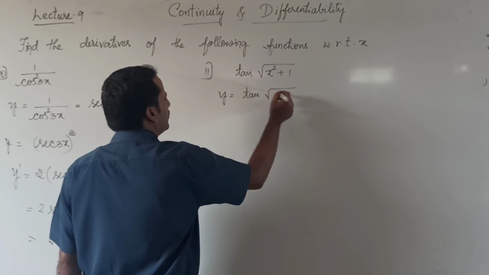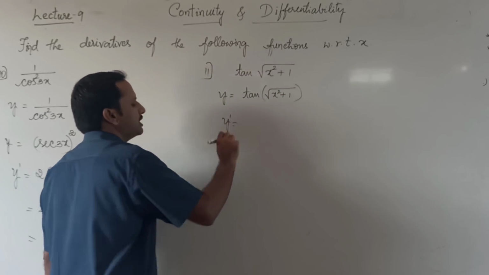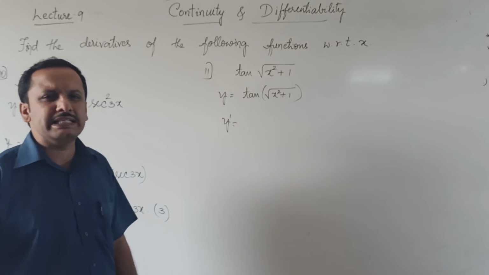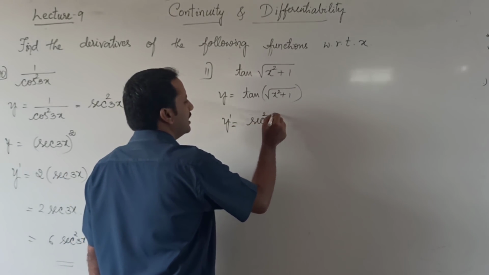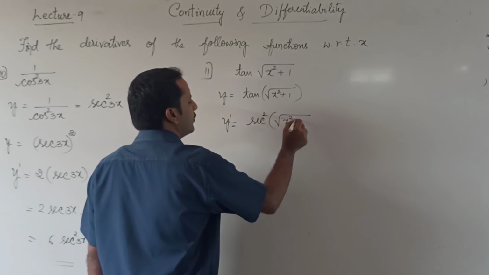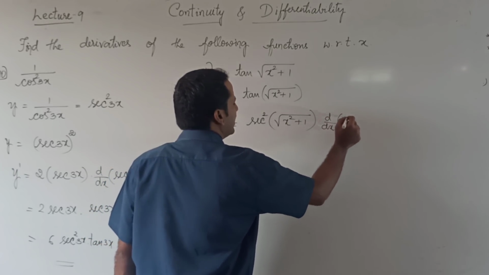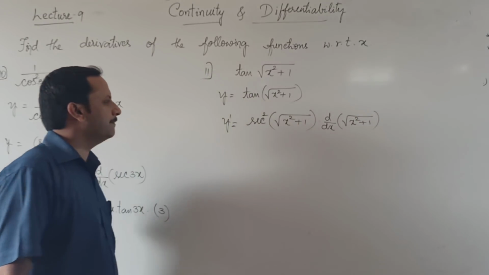Y is equal to tan of root x square plus 1. Y dash equal to. This is of the form tan x. Derivative of tan x is secant square x. So derivative of this expression will be secant square root of x square plus 1 into d by dx of root of x square plus 1.